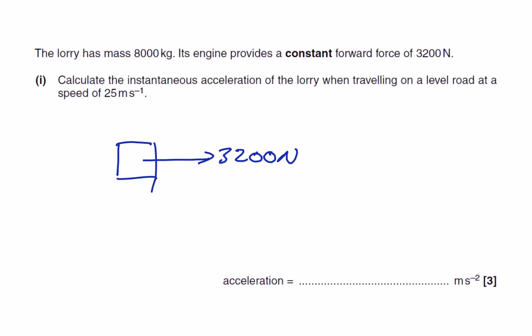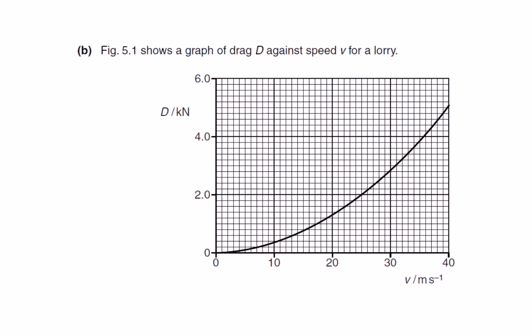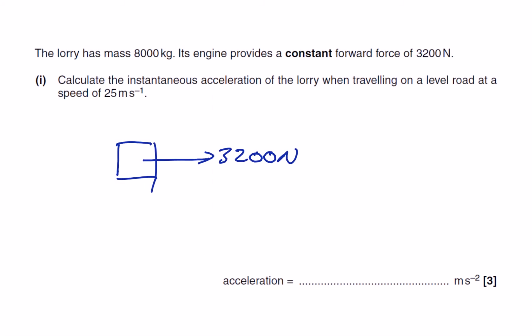So our lorry is going at 25 meters per second, and that gives us a drag force of 2 kilonewtons. 2 kilonewtons is 2,000 newtons.